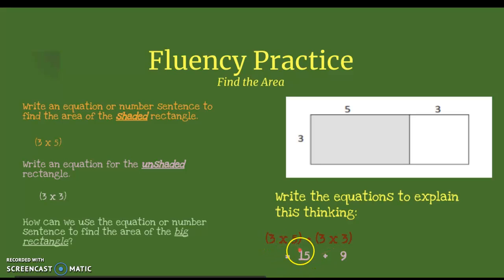We know that 3 times 5 equals 15. We're going to bring down our plus sign, and then 3 times 3 is 9. So now we need to find the sum of 15 plus 9. And the sum is 24. So we now know that the area of this rectangle right here is 24 square units.